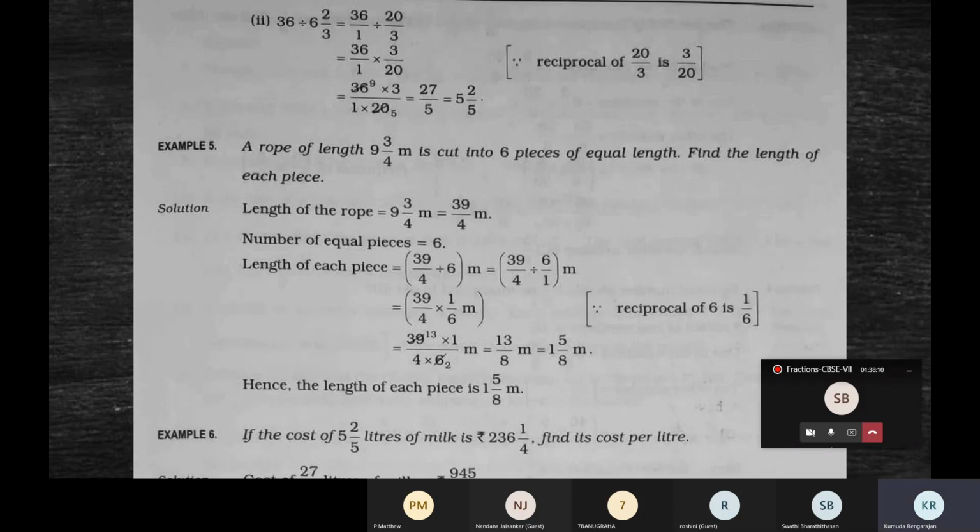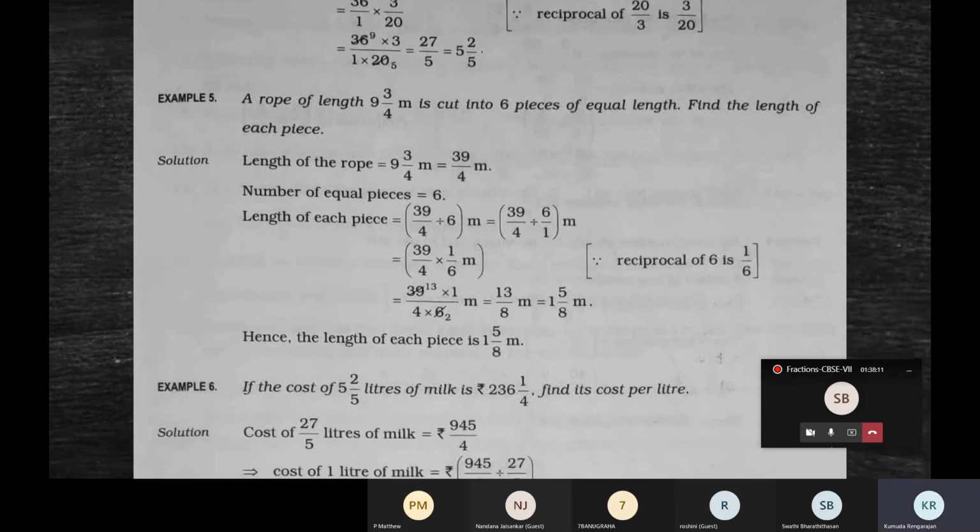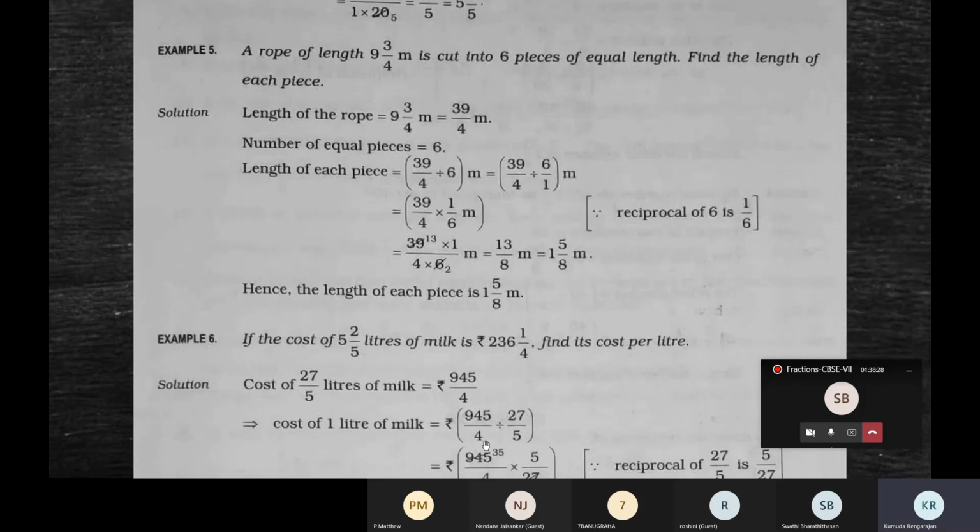The money, 945/4. And then 27/5. This number first, 945/4 first, and then 27/5. They'll be connected by the division sign. This is the correct way of writing.